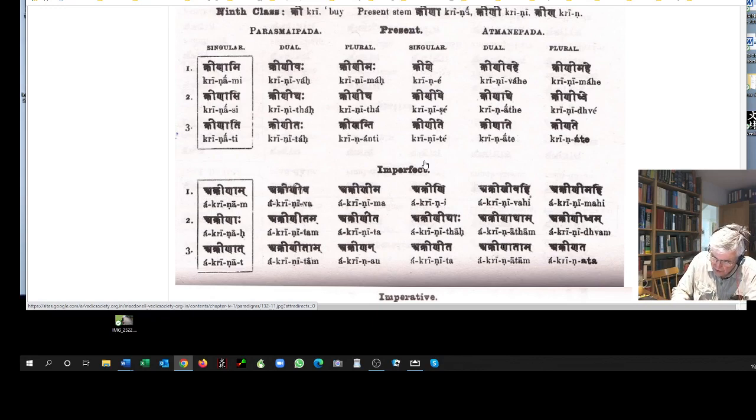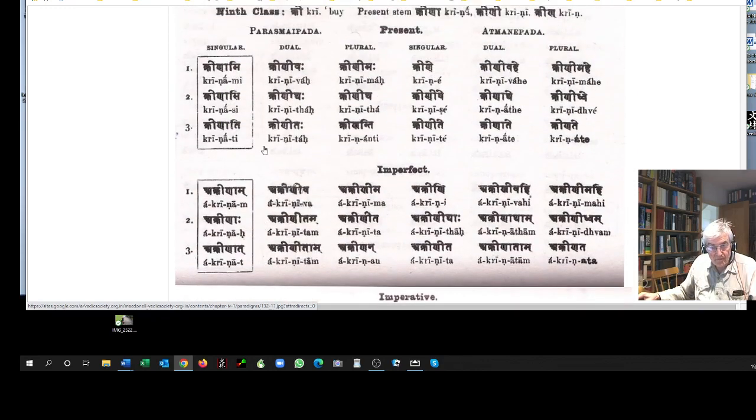So infix na or ni. And of course with the usual cerebralization by the normal rules of Sandhi, followed by an r, which is why I get krinati.